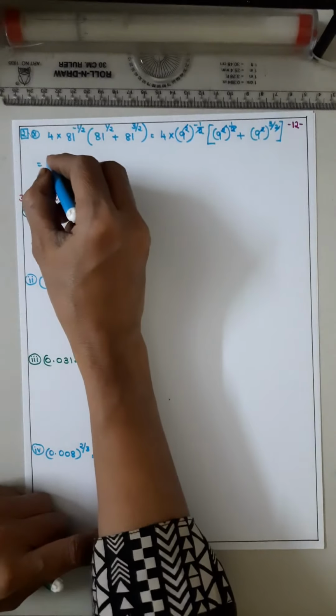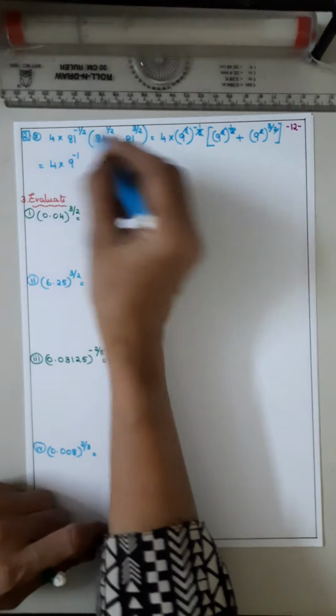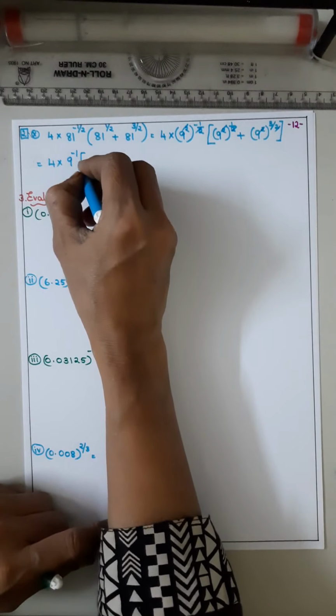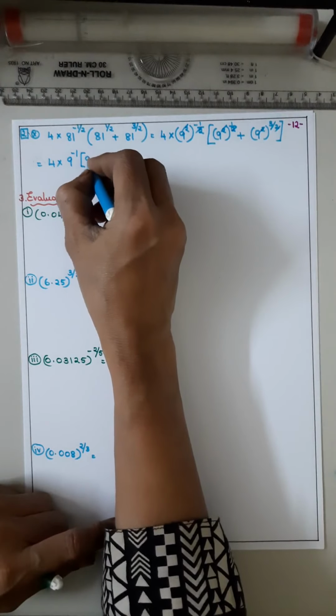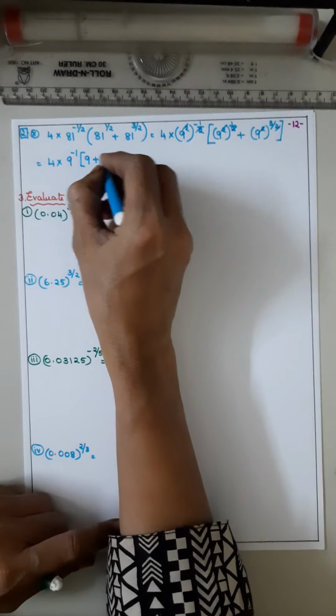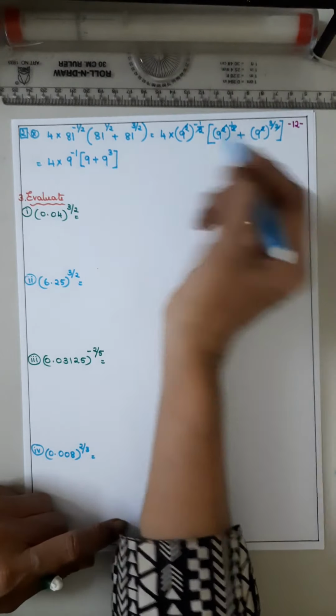So you got 4 into 9 to the power minus 1. Again bracket open 9 to the power 1 means 9 plus 9 to the power it is 3.